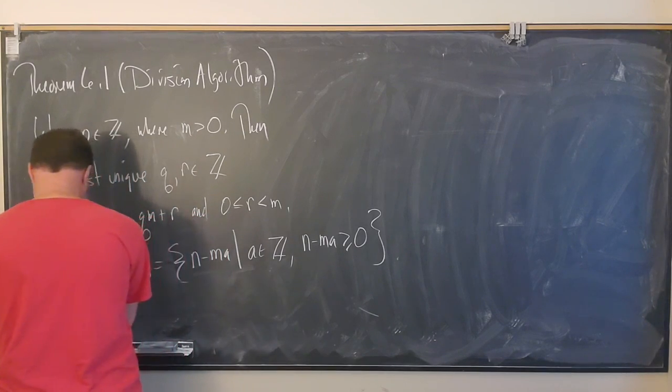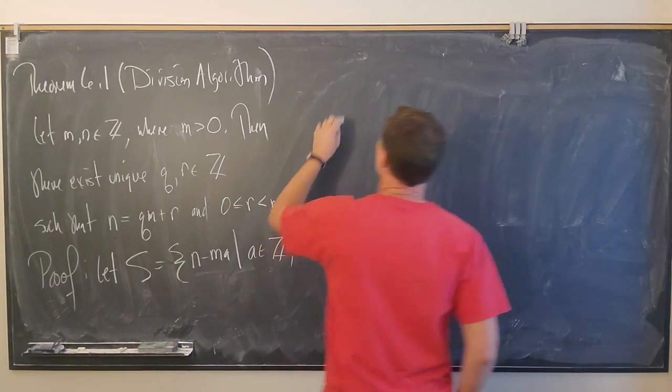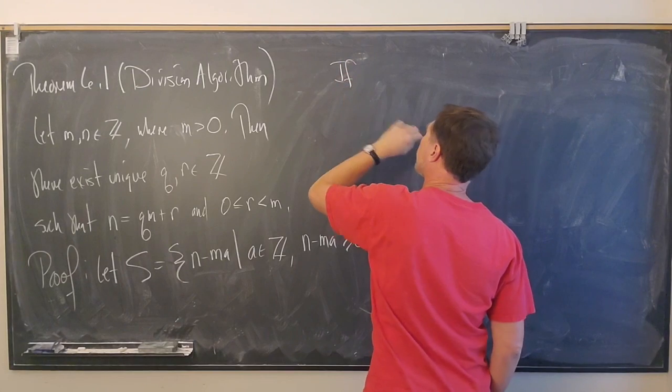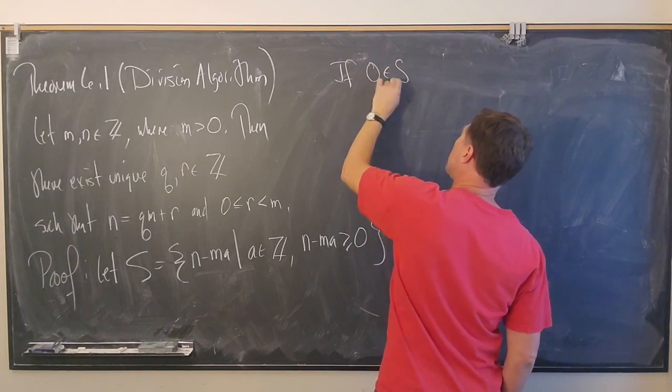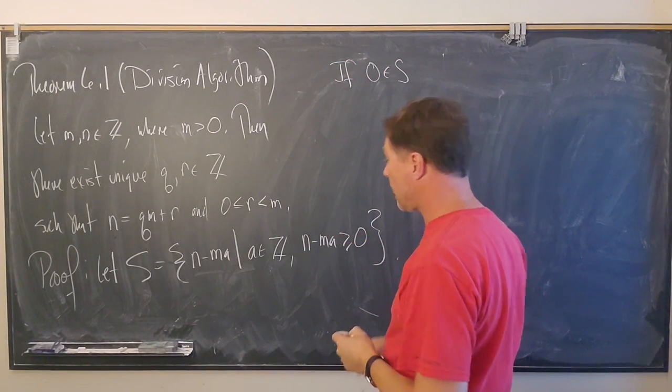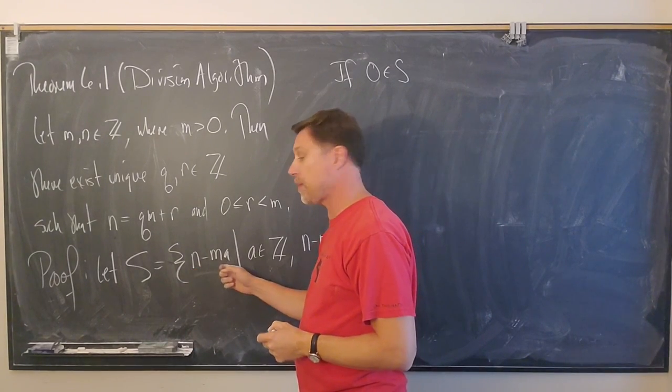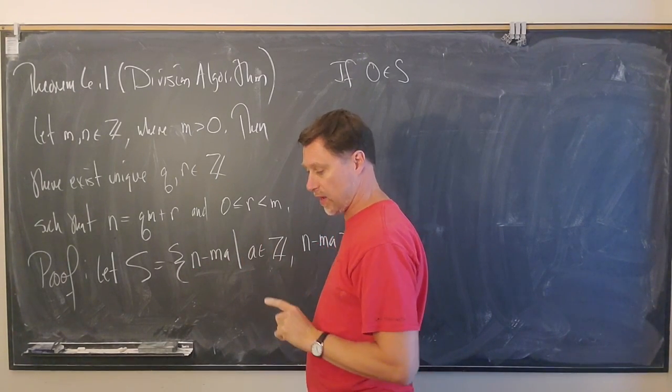Now, if 0 is in the set S, then what we're saying is that n minus ma is equal to 0 for some choice of a.